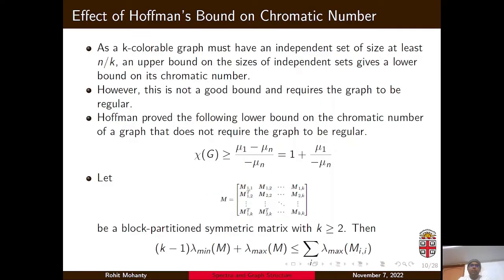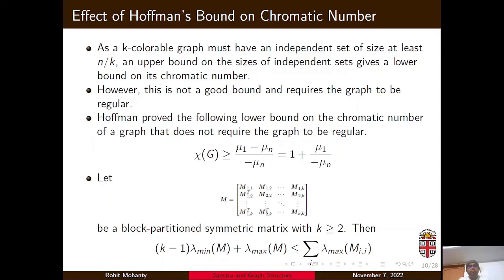Now let's talk about the chromatic number and the effect of Hoffman's bound on chromatic number. As a k colorable graph must have an independent set of size at least n by k, an upper bound on the size of independent sets gives us automatically a lower bound on its chromatic number. However, this bound is not that good and it requires the graph to be regular.